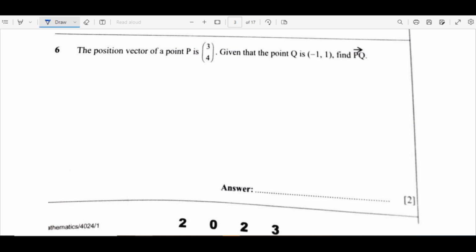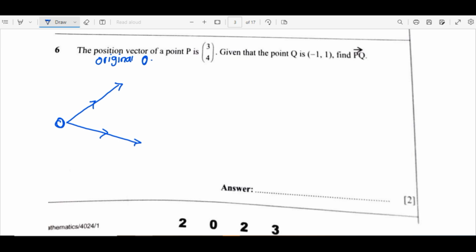Whenever we have position vector, it means that the vectors are originating from their origin O. So we are going to draw 2 lines. We'll say this is vector P, and this is vector Q. They are all originating from here, since of the word position.